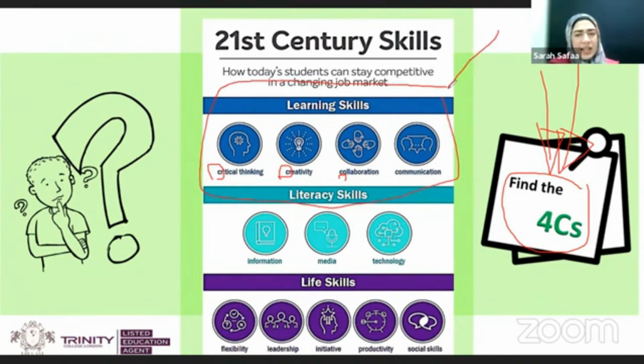Someone might ask here, but I can think about leadership, I can think about flexibility, whatever you want. However, in my own point of view, I believe that these are the most 4 important skills.